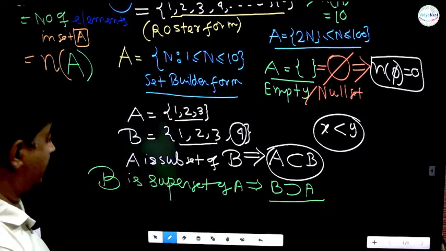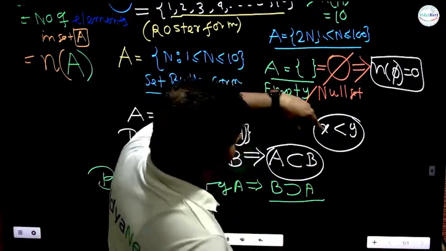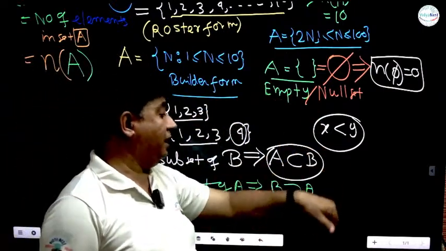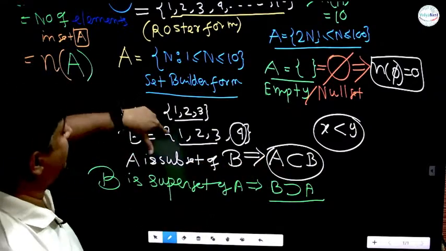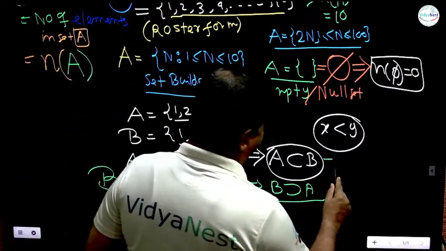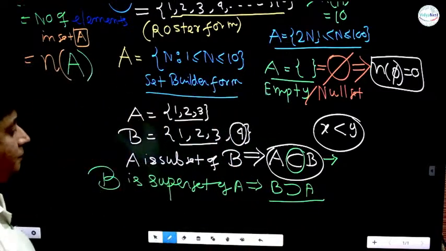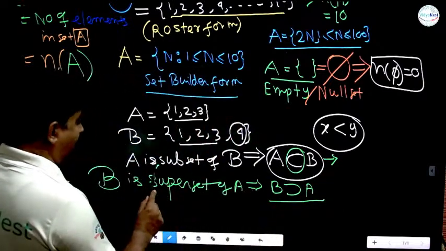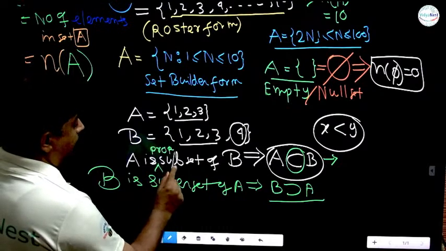Now, in the case of less than or greater than, if there is no equality sign, we can say it is strictly less than. So here there is no question of equality. Why? B contains more elements than A, clearly visible. So this symbolizes what? A is a proper subset.